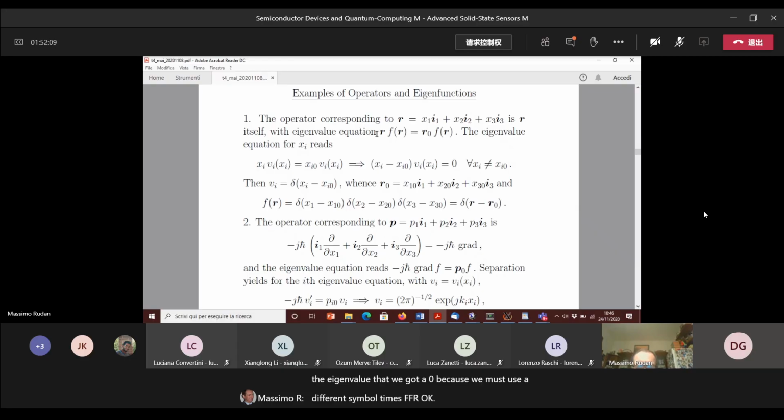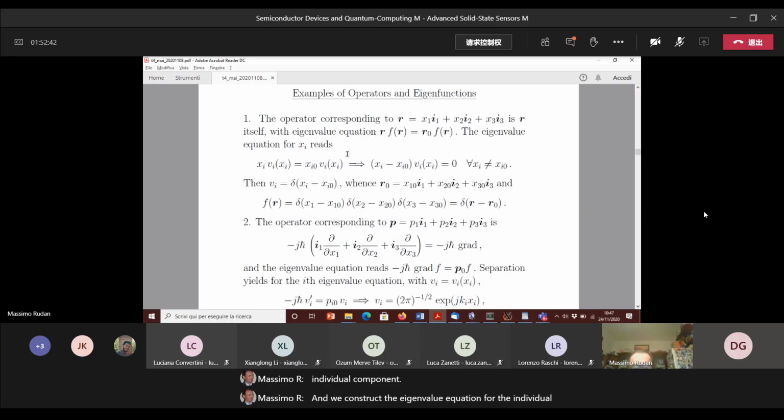Of course, we can split this into 3 blocks. You remember, when we have an operator that is the sum of blocks, each block acting on a single coordinate, the eigenvalue will be the sum of the eigenvalues and the eigenfunction would be the product, okay? So we consider the individual component and we construct the eigenvalue equation for the individual component.